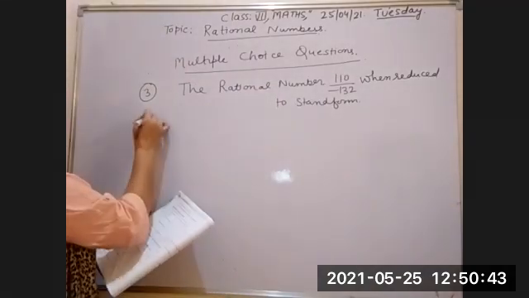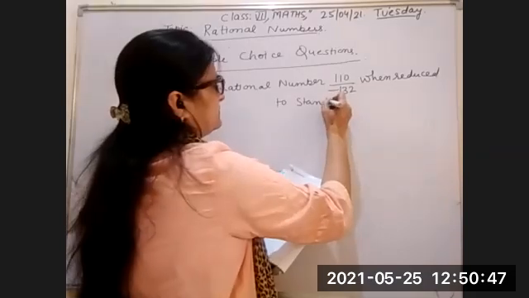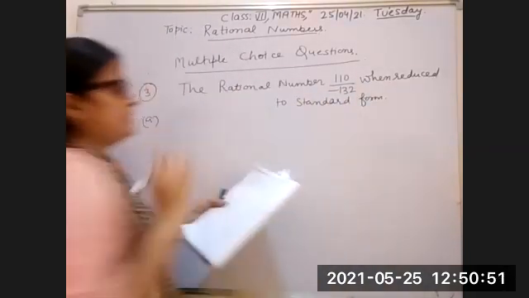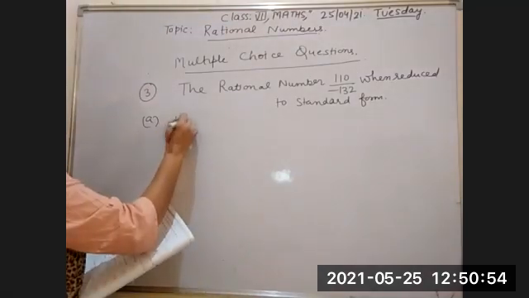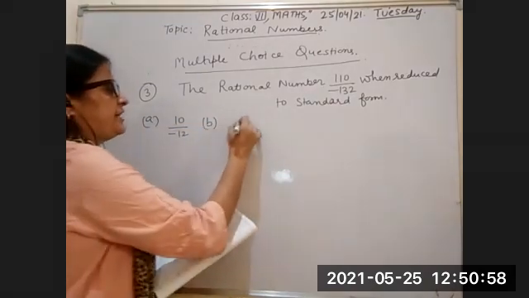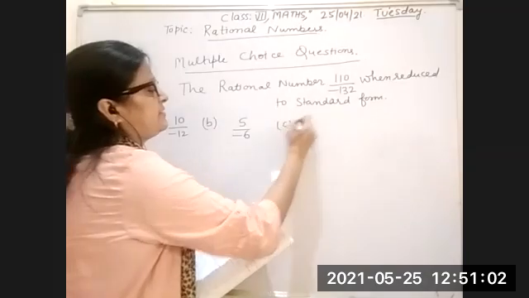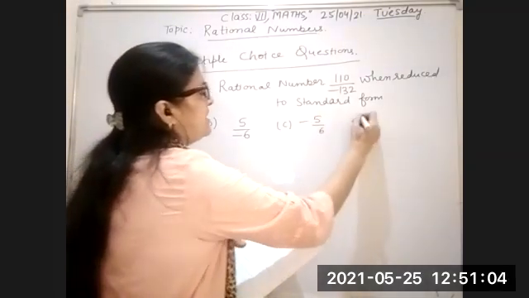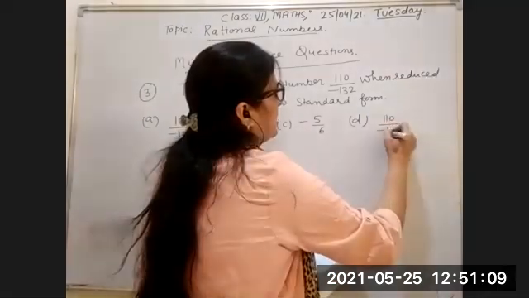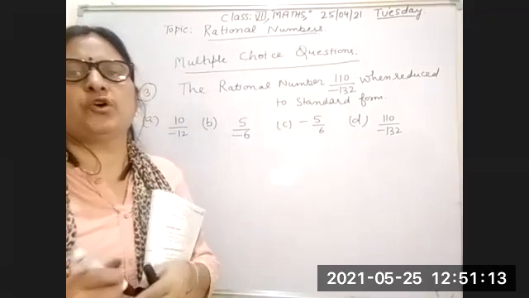Your options are given: A is 10 upon minus 12, B is 5 upon minus 6, C is minus 5 upon 6, and D is 110 upon minus 132. Now, which option will you opt for here?